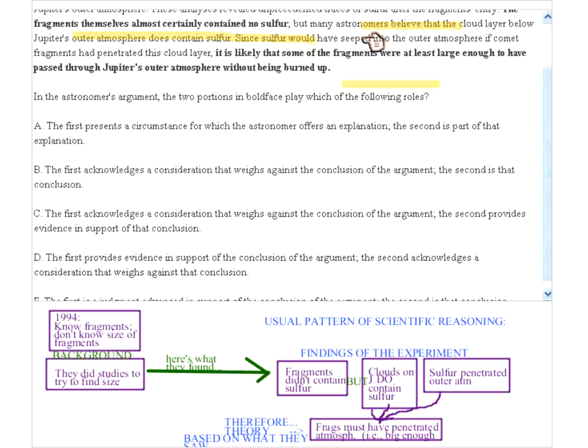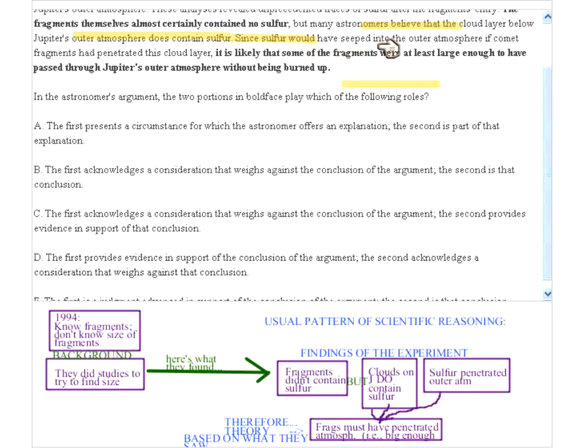In this setup, this is not an easy thing to understand, but it should be at least clear from these highlighted parts that they were really interested in finding out how big these things are. So it's very likely that our main conclusion will have something to do with how big they are.